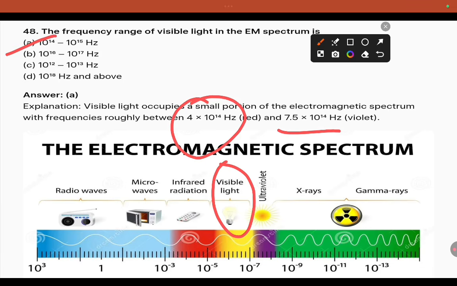You have to check this value, not other values. So 4 × 10^14 Hz to 7.5 × 10^14 Hz.